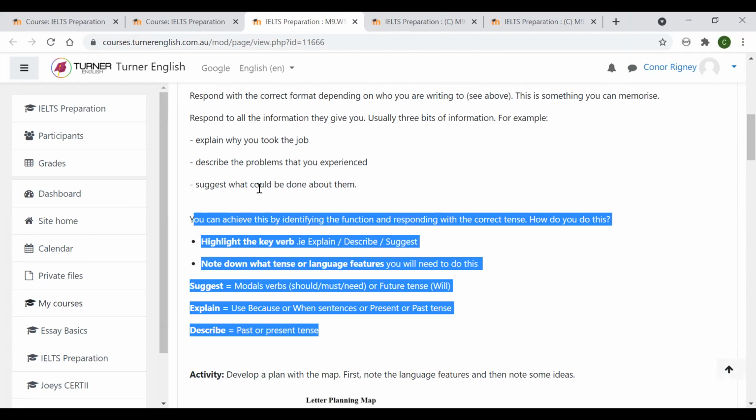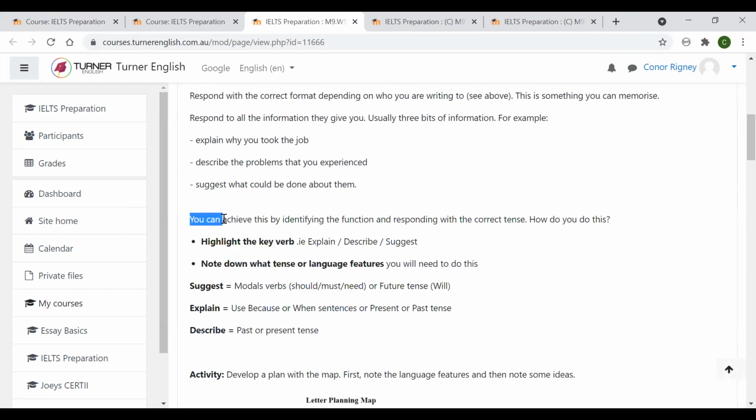You can achieve this by identifying the function and responding with the tense. How do you do this? Highlight the key verb in explain, describe, suggest. Note down what tense or language features you will need to do this.